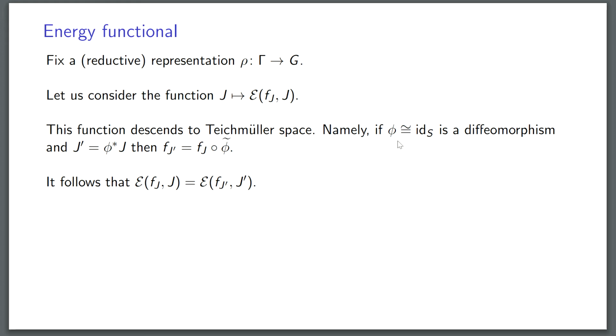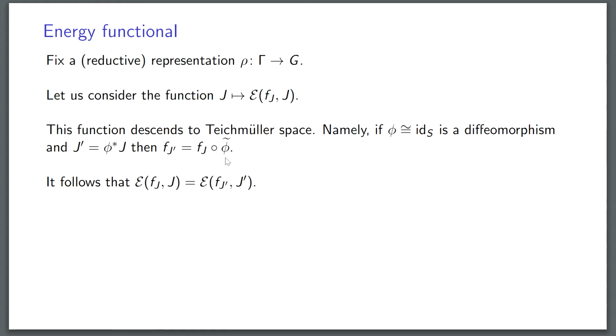Namely, if you have some diffeomorphism of the surface that's isotopic to the identity, and consider two complex structures which are equivalent, one being the pullback of the other, then by this essential uniqueness clause that we saw in the previous theorem, we see that the following relation must hold between the two harmonic maps.